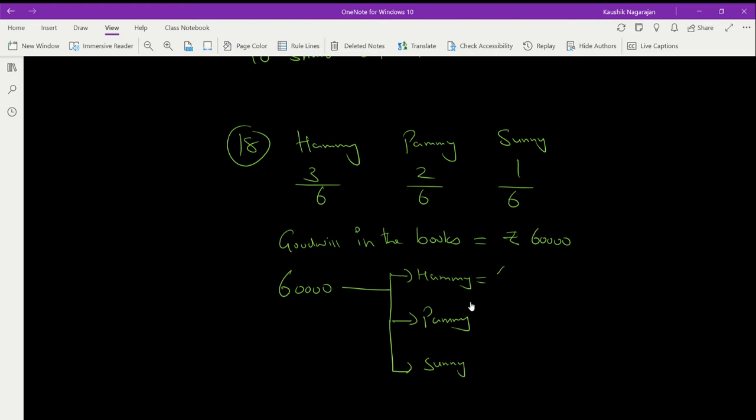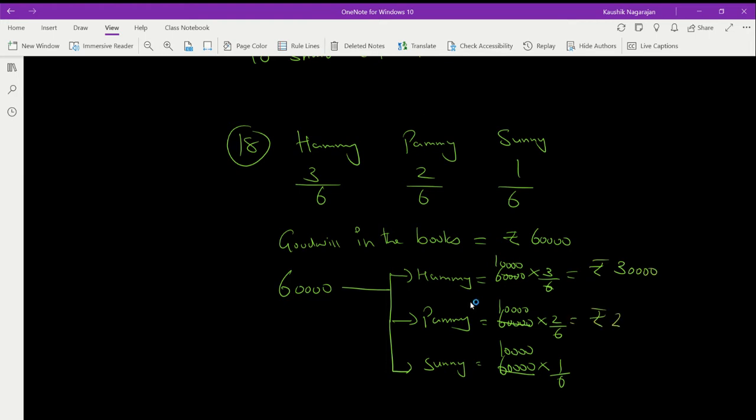So that means 60,000 into 3 by 6, 60,000 into 2 by 6, and 60,000 into 1 by 6. So it gives you 10,000 when you strike it out. So 10,000 into 3 will give you rupees 30,000. Here rupees 20,000, and over here rupees 10,000.